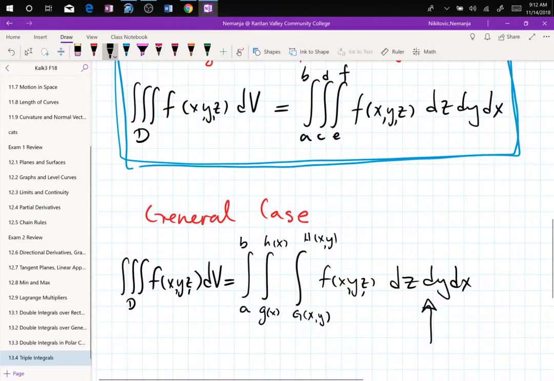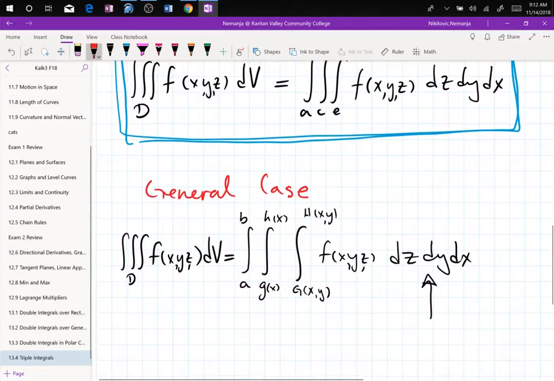So these limits: this limit over here is x equals, this limit over here is y equals, and this limit over here is z equals. So that's how you know it's completely reversed order from what you have on the other side. So z is a function of x and y, g is a function of x only, and a is just numbers, right?